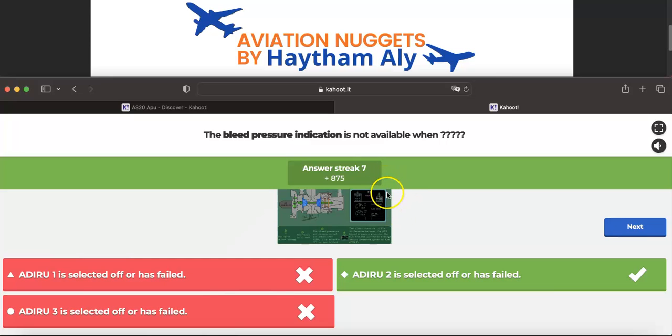The bleed indication will only come on the APU ECAM page if either U2 is on. If either U2 is selected off or has failed, you cannot monitor the APU bleed pressure indication on the APU ECAM page.